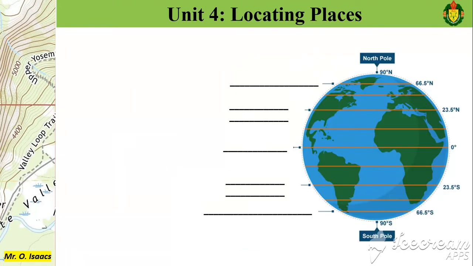Right? Because we see that these lines run from east to west. And of course, you must be familiar with the lines of latitude. So we have the Arctic Circle at the top, 66.5 degrees north. We have the Tropic of Cancer, which is at 23.5 degrees north.